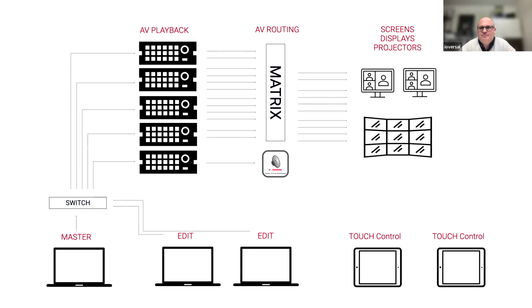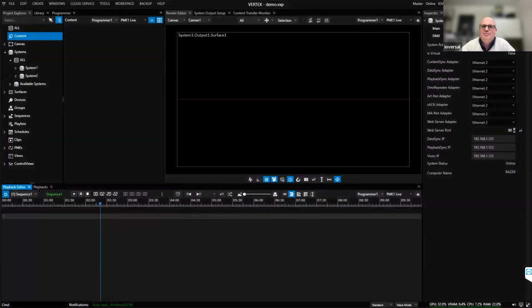For this kind of setup, you can also think of the edit machines only being present during setup. They can be removed later on so that the entire show can then be run on a single master machine. Absolutely. So with that, I would suggest let's dive into the application and have a look around there.